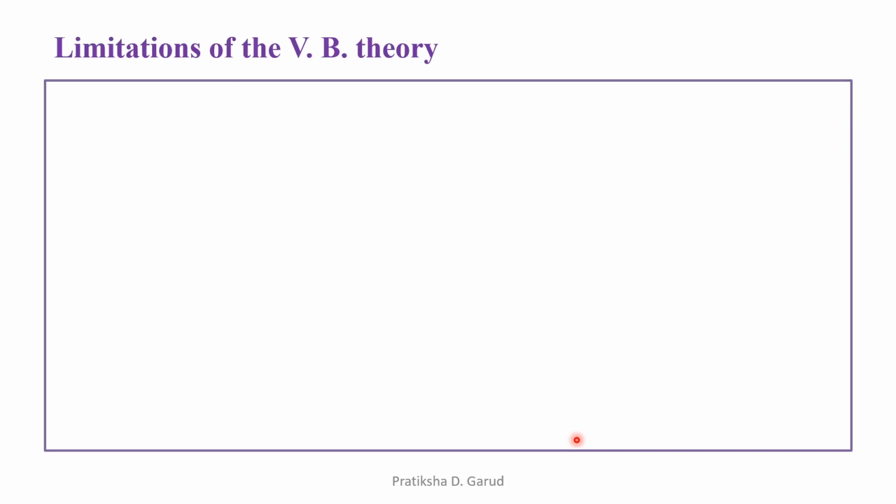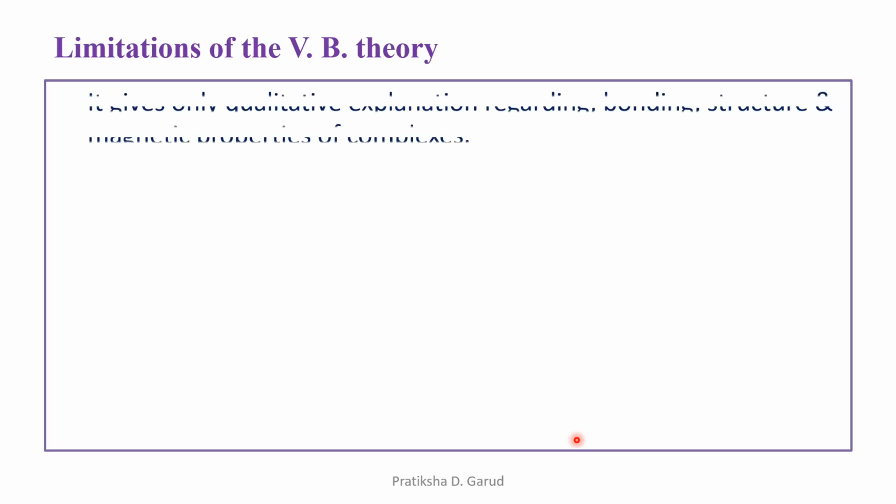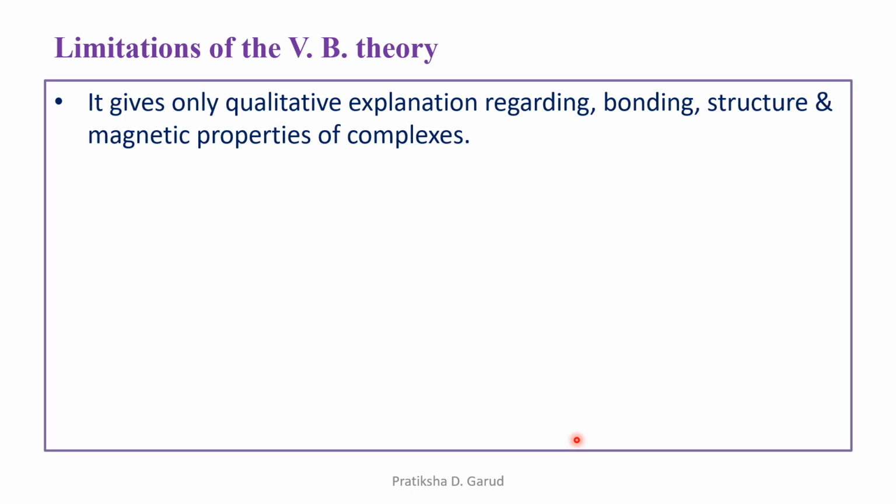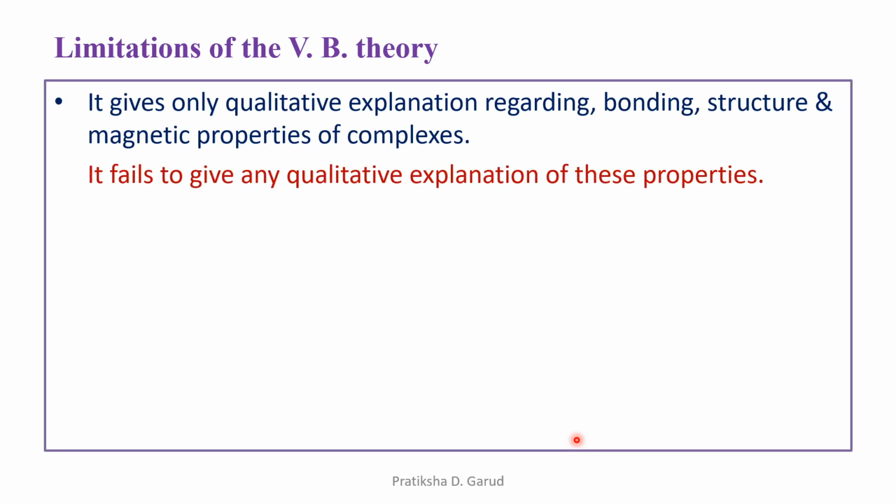Then let us see the limitations of the VBT or the valence bond theory. The first limitation is it gives only a qualitative explanation regarding the properties such as bonding, structure and magnetic properties of the complexes. It fails to give any quantitative explanation of these properties. Only a qualitative explanation is given.